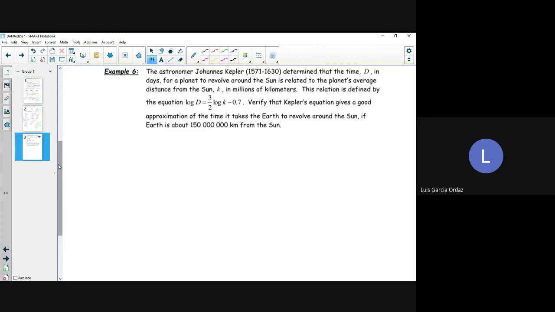So we have our equation. Log d is equal to 3 over 2 log k minus 0.7. So what would our k value be for this equation? Remember, k has to do with the distance from the sun in millions of kilometers. That's k.